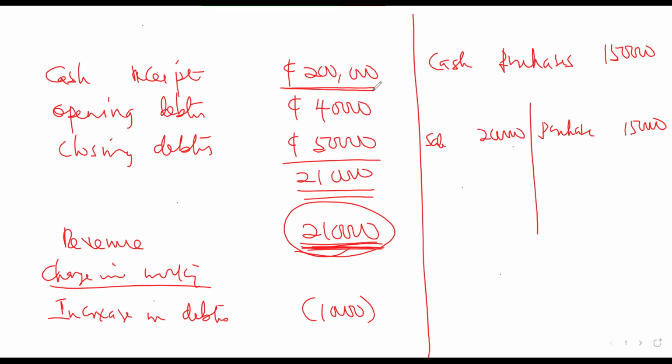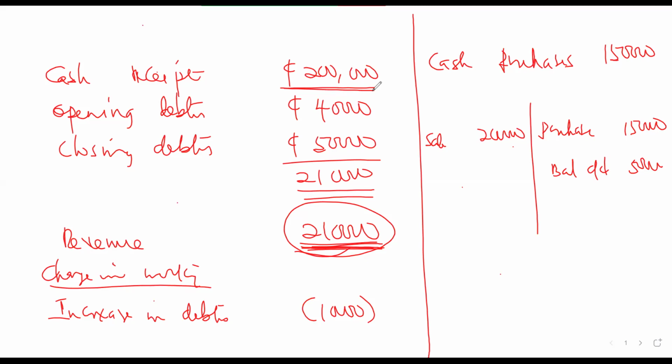We'll be having a balance of 50,000. So this is how we are going to record our sales and our receipts and our payment for the year. So we received 200,000. We made cash purchases of 150,000. So our cash balance is supposed to be 50,000.